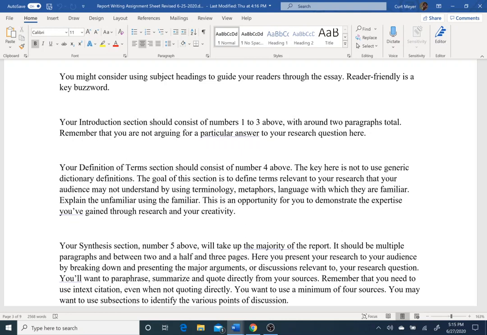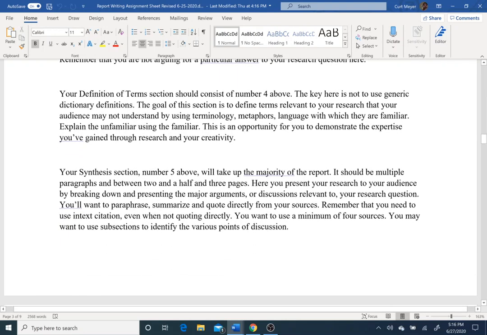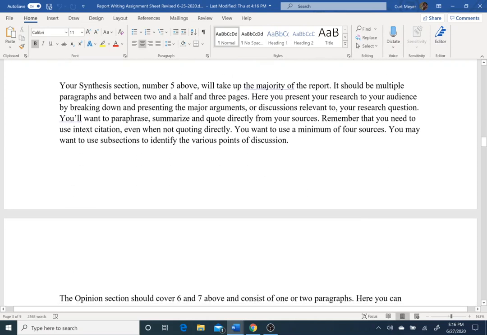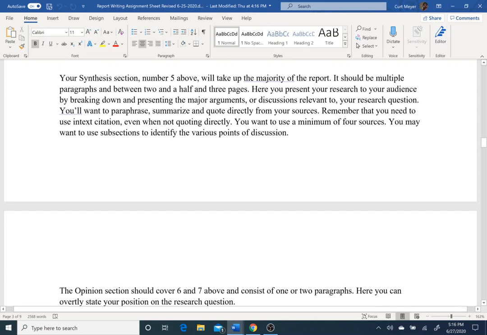Definition of terms would be point 4. That should be its own section. And again, I've already explained the purpose of that and what I'm asking you to do for that. Number 5, and I cannot emphasize this enough. This is going to be the bulk of your essay.